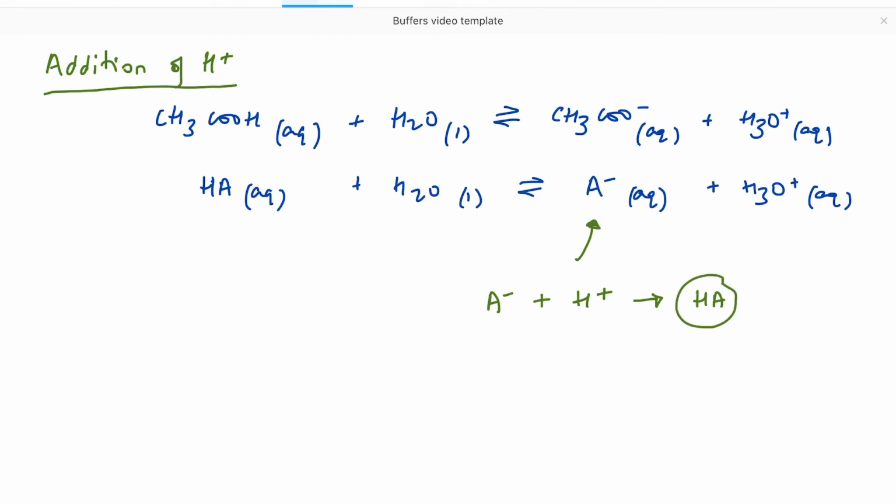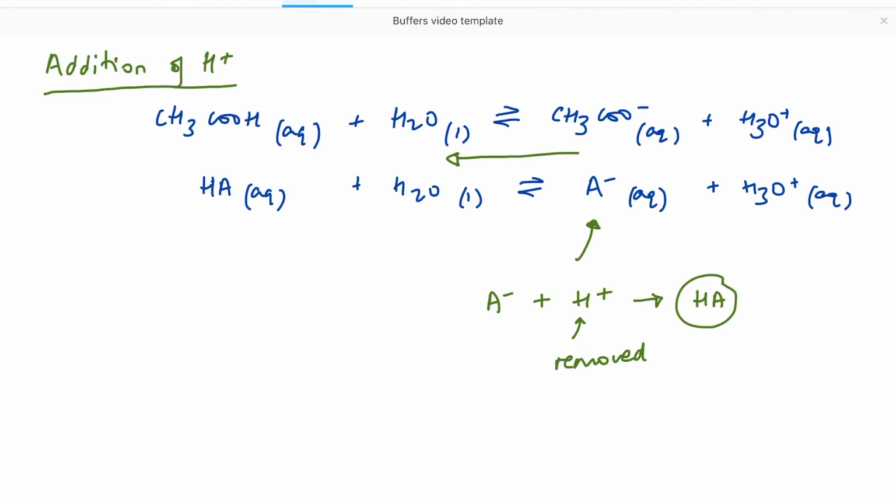So essentially, the position of equilibrium is shifted to the left. As a result, these added H+ ions are removed. As soon as you add them to your buffer solution, they react with A-, the salt ion, and if there is no change overall in hydrogen ion concentration, then there is no overall change in pH.